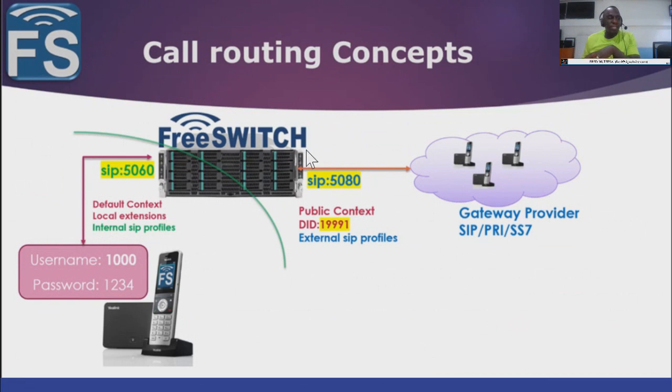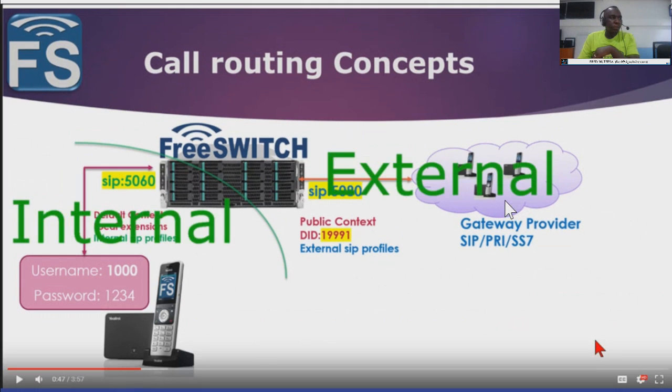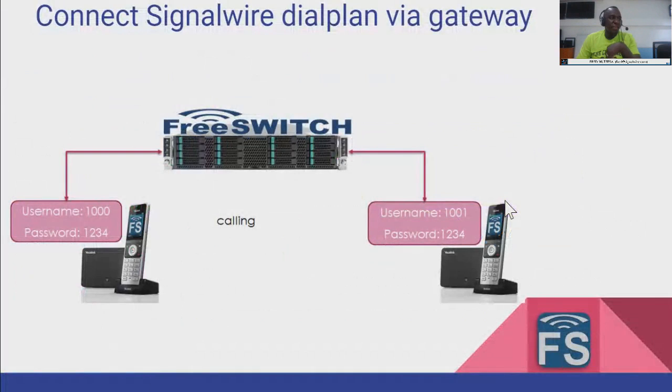We can still register SIP phones from outside, but the routing will be different, because those phones will be hitting port 5080, and they'll be using the public dial plan, as I'll show you. So in that graphic, 5080 is the external side, and 5060 is the internal side.